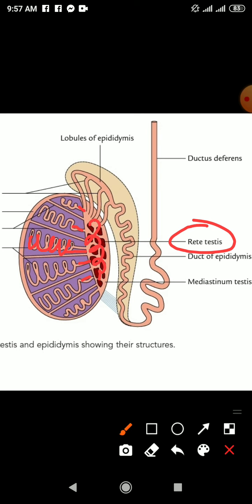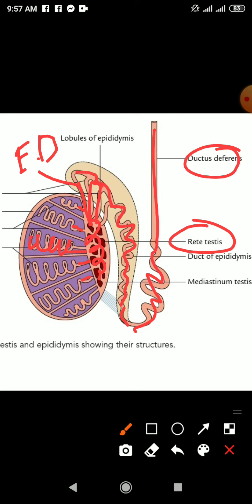From the rete testis arise about 12 to 13 efferent ductules, which are highly coiled in the head of the epididymis, and in the body and tail they continue as a single ductule. When it exits the epididymis, its name is ductus deferens or vas deferens.